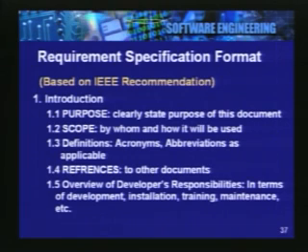It may also refer to other documents which have been prepared and which have been referred by the user. For example, these may be documents made available by the user which define some parts of his requirements, or these may be documents which were prepared during the feasibility step. All these documents can be referred to clearly in the SRS document.